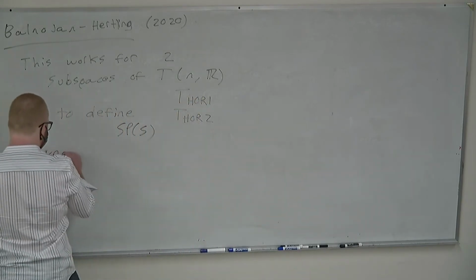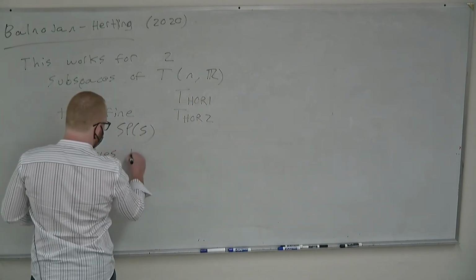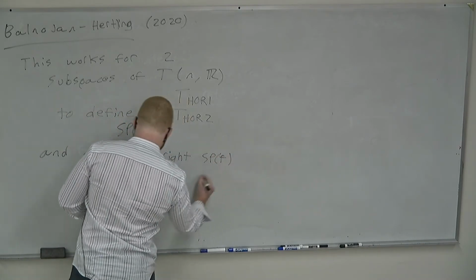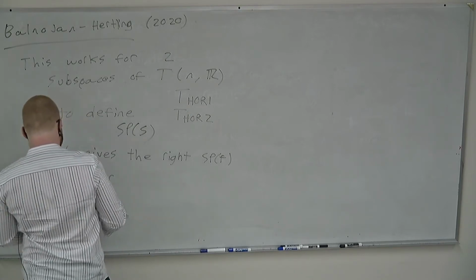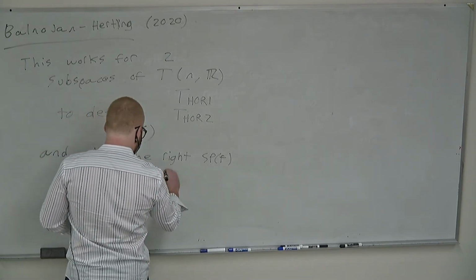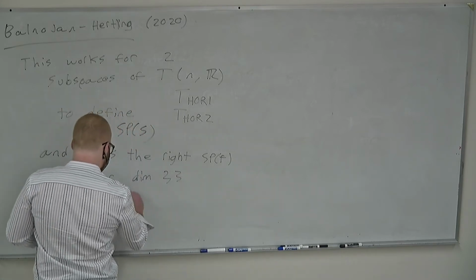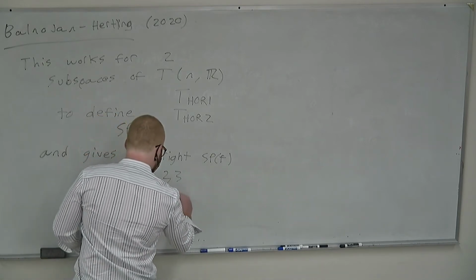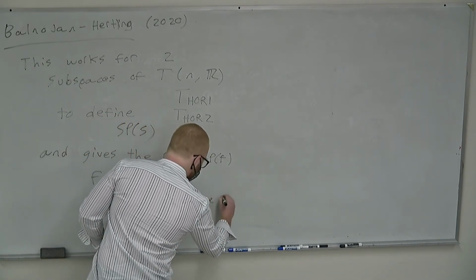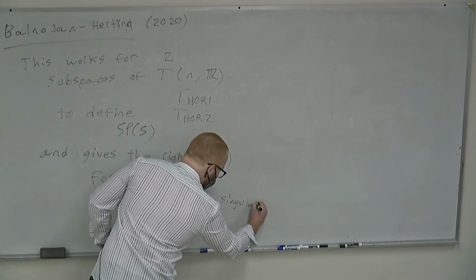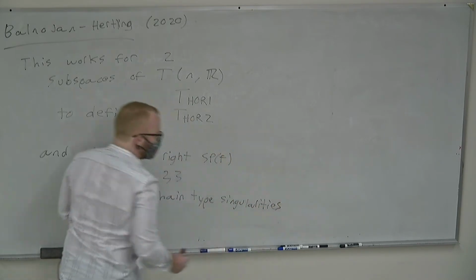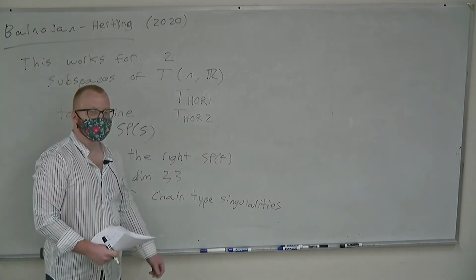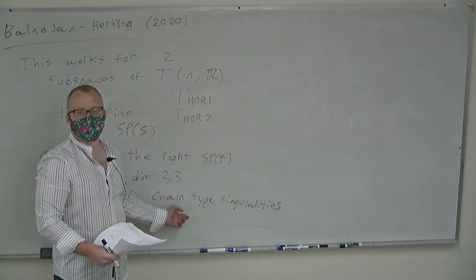And this gives the right answer for at least dimensions 2 or 3 or chain type singularities, which for our example will be enough because D4, after some change of variables and maybe some R equivalence, can be written as a chain type singularity.